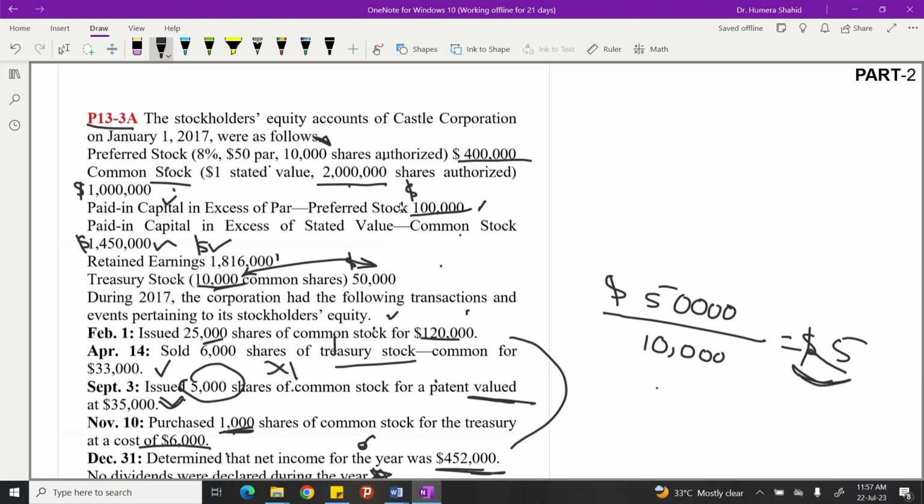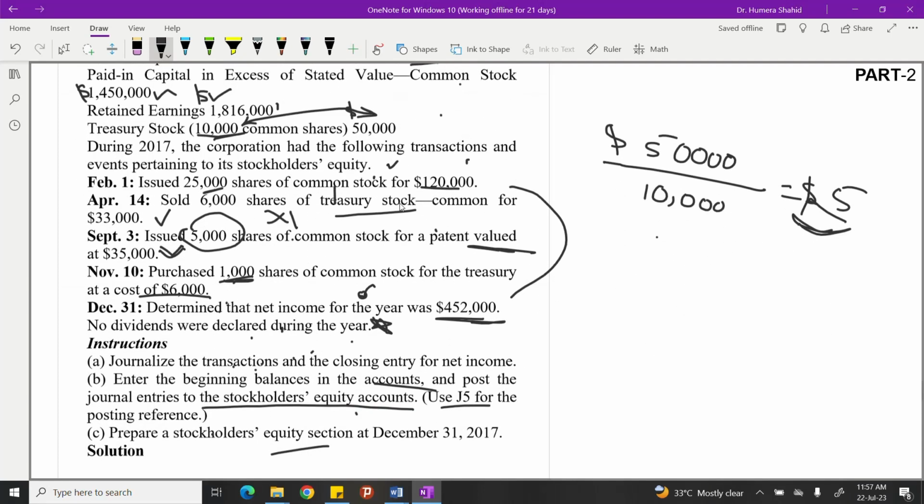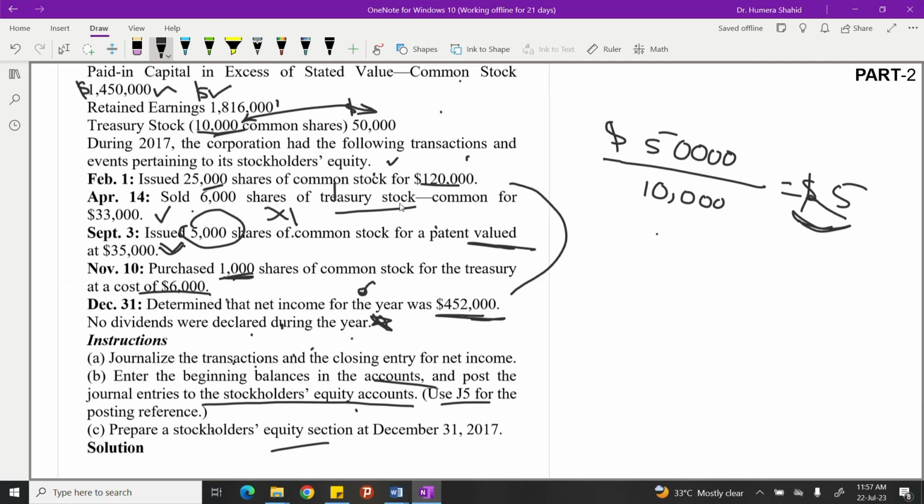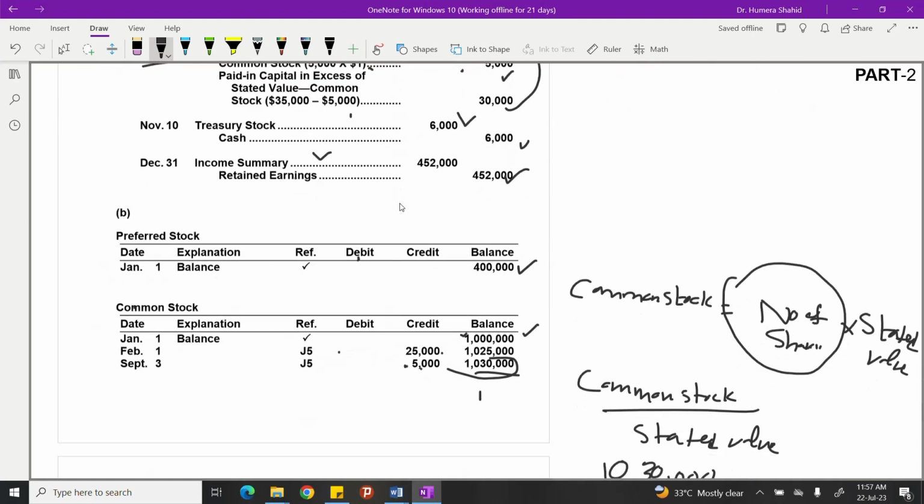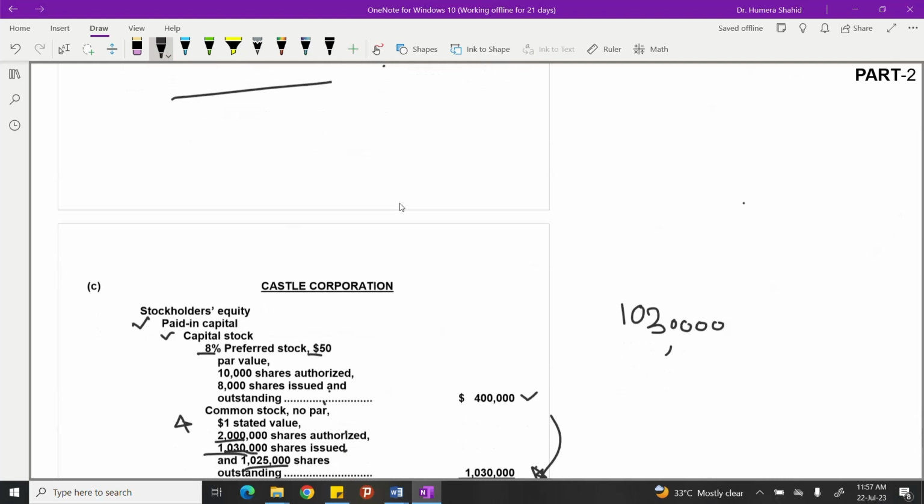How much balance was there? 10,000 shares were there, right? Then you sell 6,000 shares. So remaining shares, how many? 4,000 still with you. Then after that, you again purchase 1,000 shares. So 4,000 plus 1,000 is 5,000. So total number of treasury stock is 5,000.